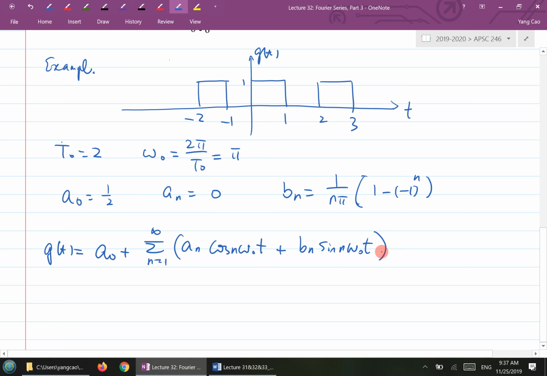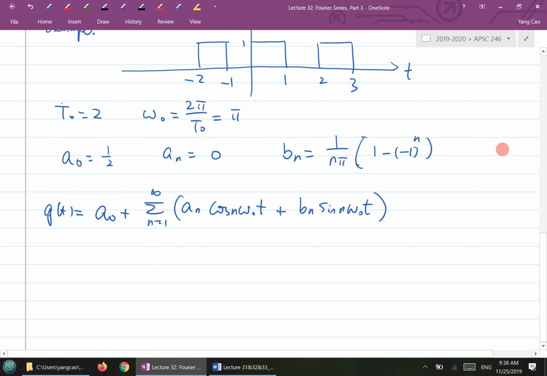Here's the Fourier series using three coefficients. Notice that the term inside the bracket is an addition of a cosine and a sine, but these two terms have the same frequency, n omega naught.